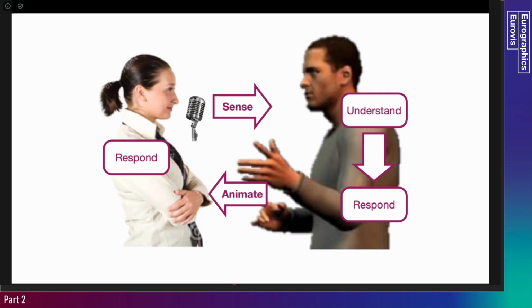So in a sense, there are two channels going on here. First is sensing and understanding what the real person is doing, and the second is generating behavior.